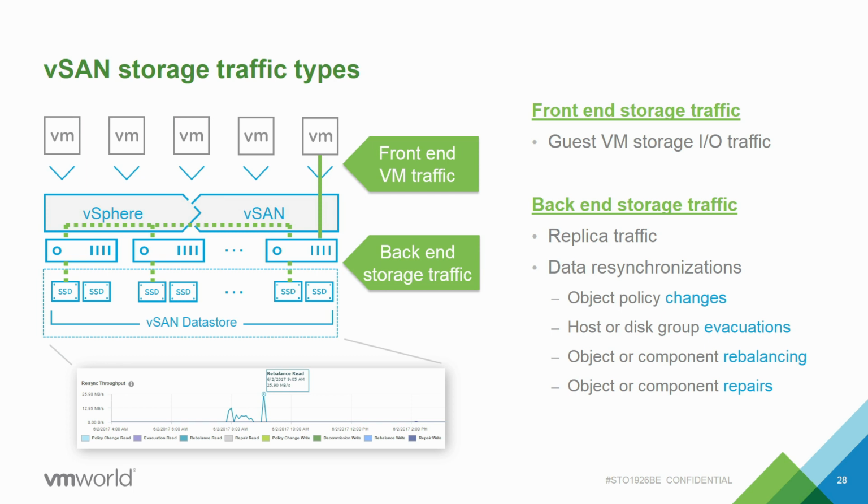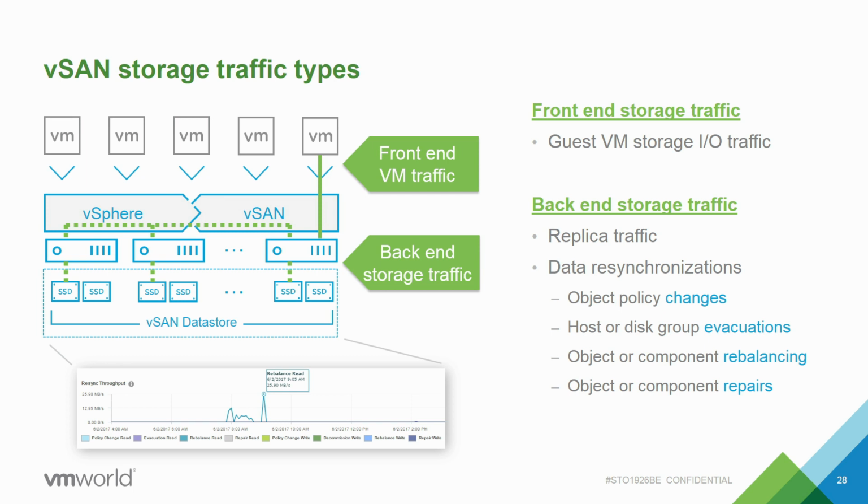It's going to do that automatically for you in the back end, and it's going to report that through the storage policy-based framework and the management of that. You might also see that back-end traffic occur if you're doing a full host evacuation. Let's say you're going to decommission a host.